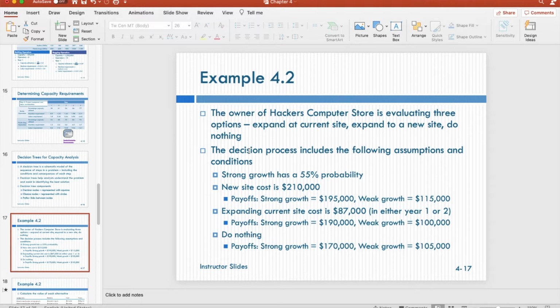Right now, by looking at the capacity planning results, you see that probably it's time for us to consider whether we should expand our capacity level or not. If we choose to improve our capacity level, should we expand at the current site or expand to a new site? Of course, if you expand at the current site, the incurred cost probably will be different from the cost that we incur by expanding to a new site.